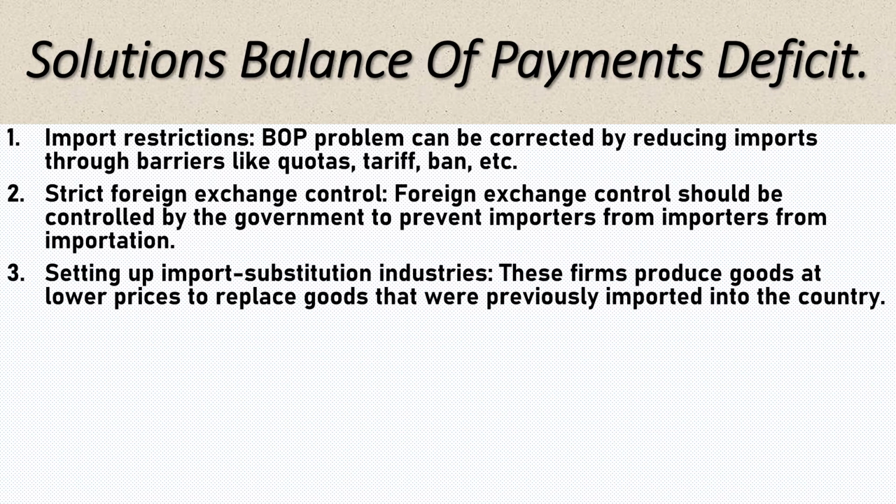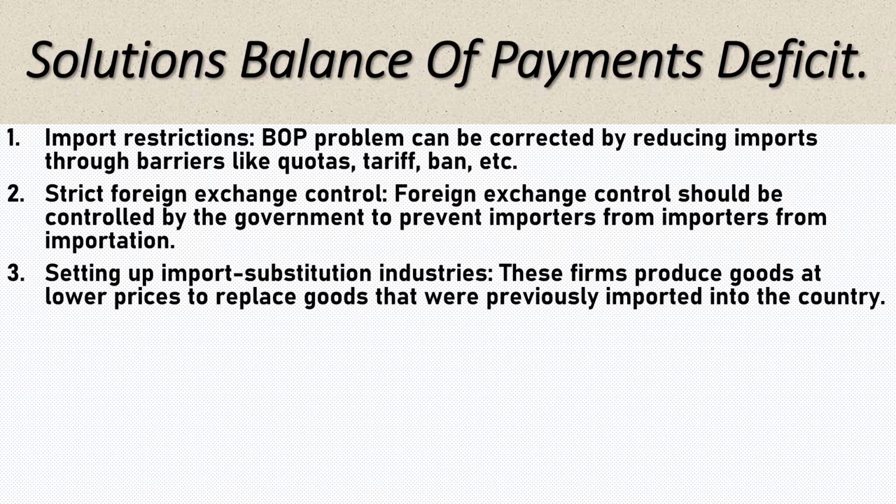Again, another solution to BOP deficit is for the government to set up import substitution firms. What do we mean by import substitution firms? They are firms that are set up to produce goods to replace those goods that were formerly imported into the country.